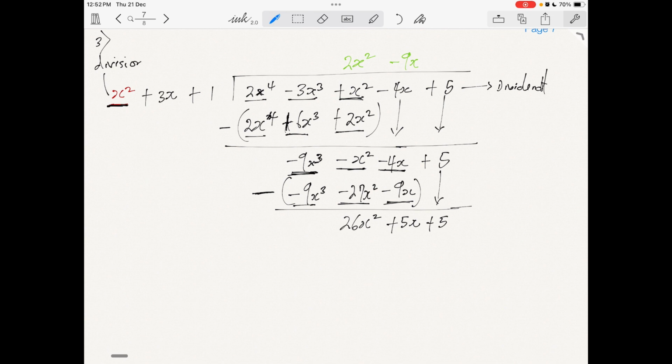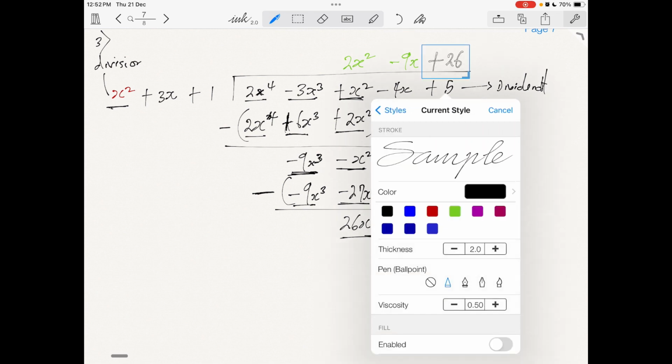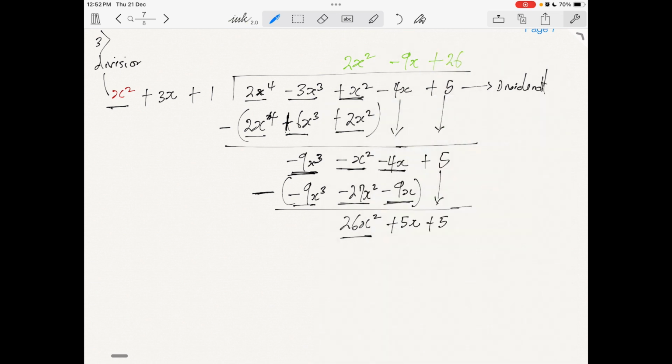Now that means we are dividing 26x squared by the first term of the divisor, x squared. And when we do that, we have what? Plus 26. So we must change this one to green, right? And we multiply the whole of 26 by the whole of the divisor.